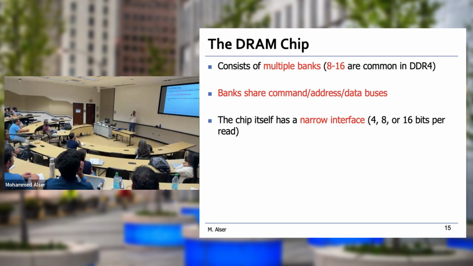And that single chip can now give you 4 bits. So how many of them can you fit to give you the 64 bits? So now we move from 8 chips. In this way, we can change or increase the number of chips.